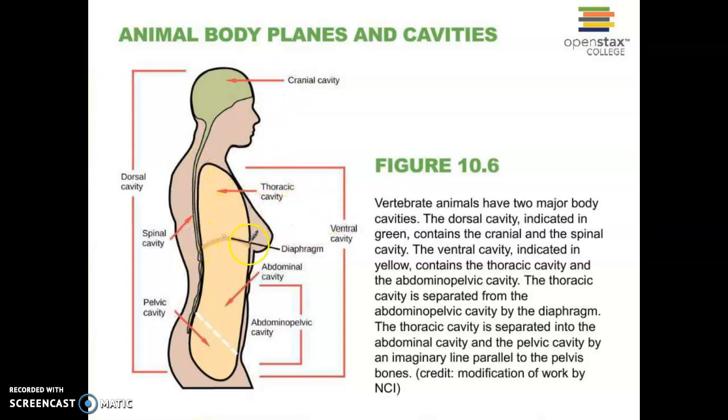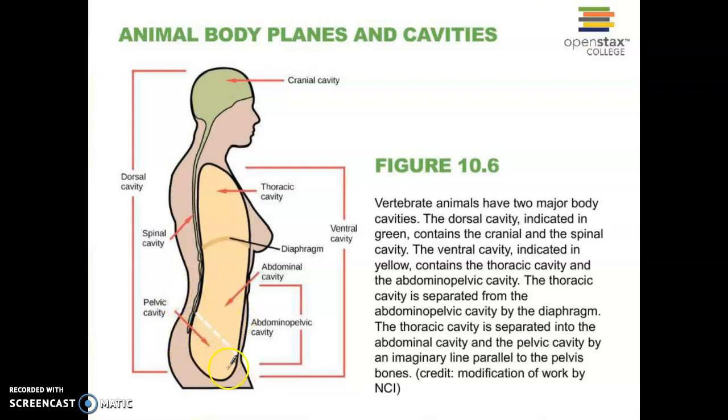This is the diaphragm, a very thin tissue that separates the upper and lower cavity. The upper cavity, your heart and lungs, are located in the thoracic cavity. And then the abdominal cavity, this is all your digestive system, intestines and so forth.